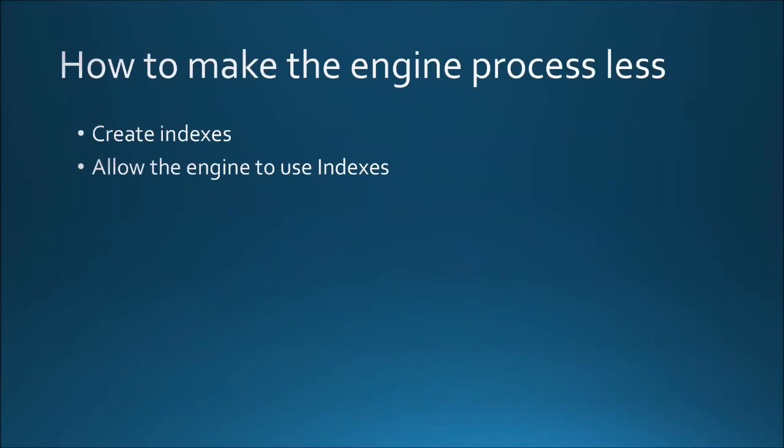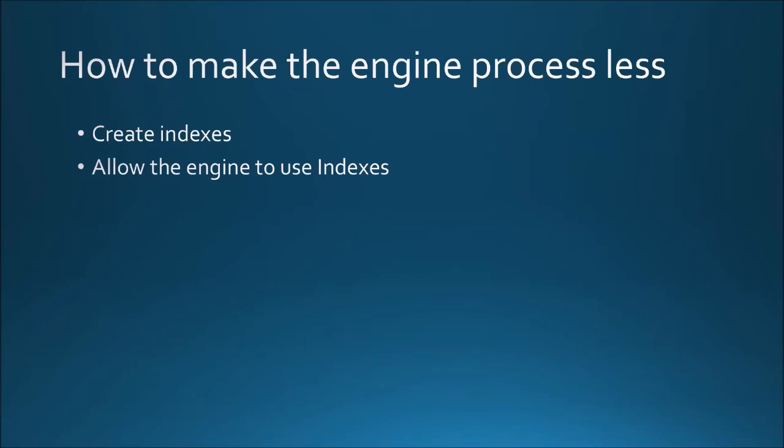In Microsoft Access, there are two things you can do to make the engine process less data. The very first basic thing is that you need to create indexes on your data. It's really basic, everybody has heard that, but please keep it in mind and actually do it.